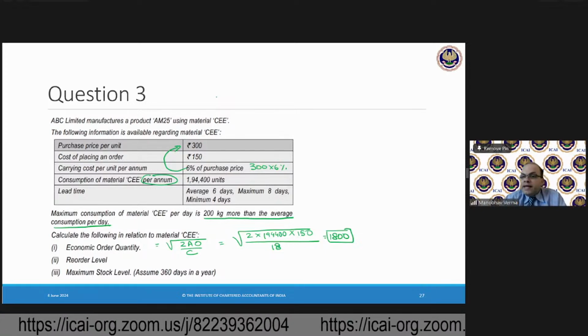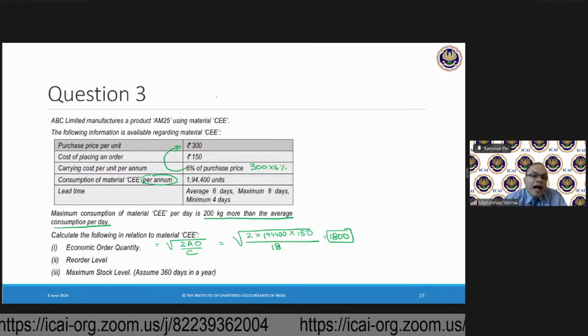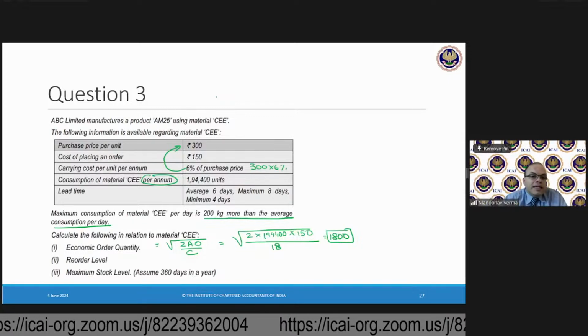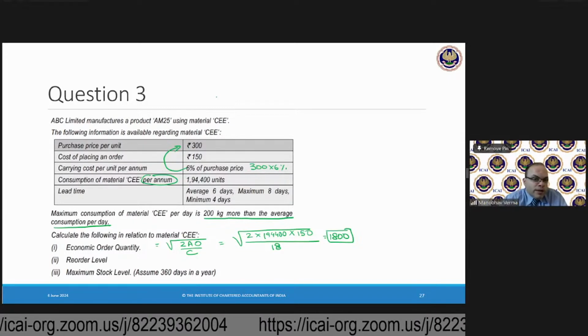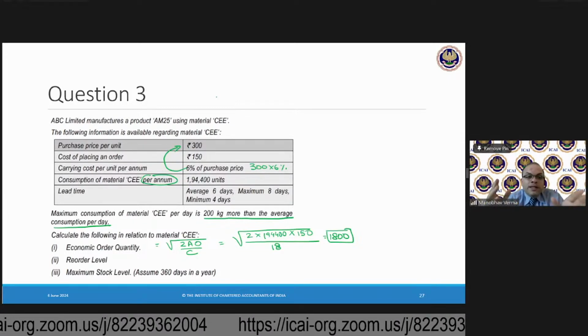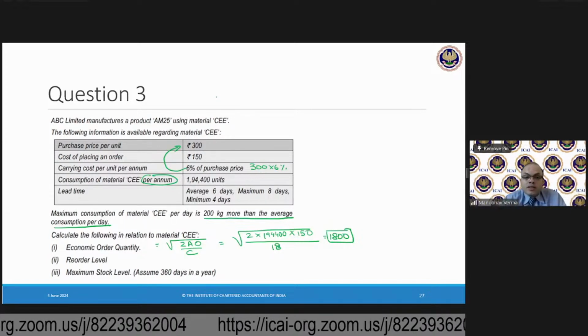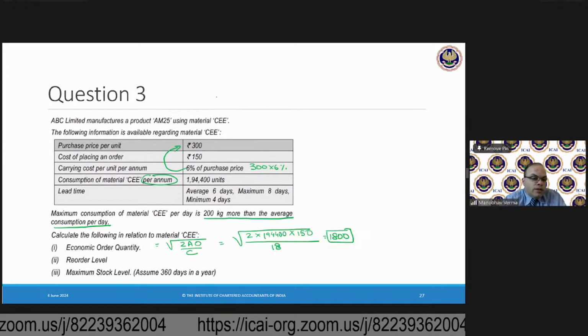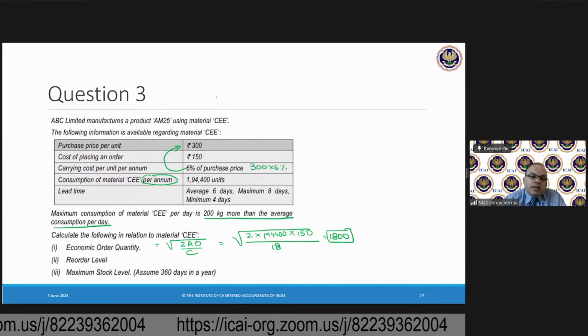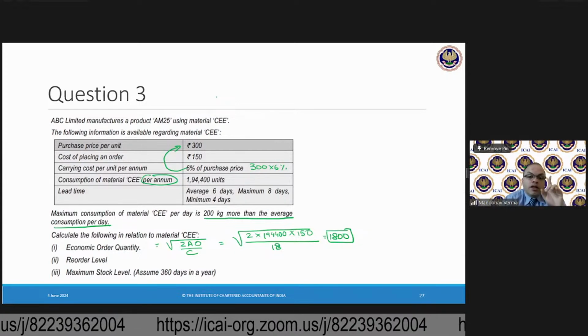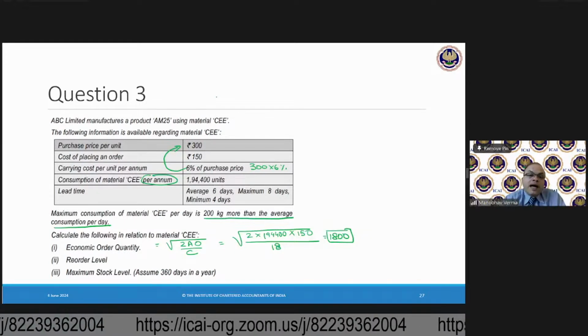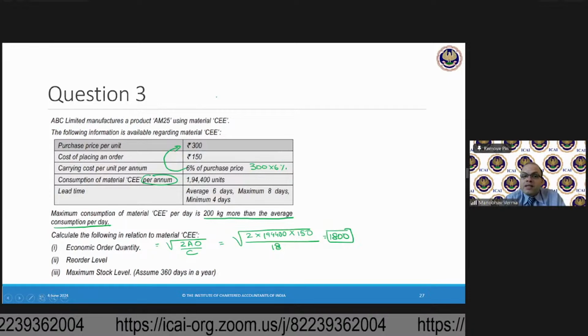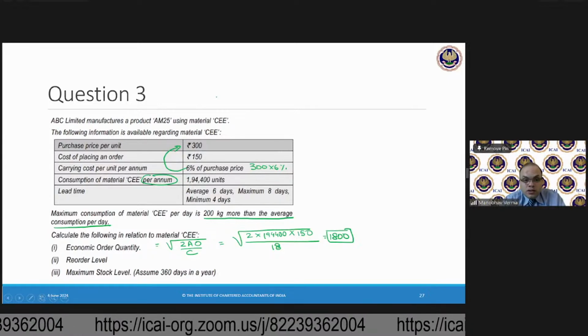That is something you need to check with yourselves. I think the easy way of approaching this based on the information given to us is simply the maximum consumption, because we are told the maximum consumption is 200 kgs more than the average consumption per day. That is the clear-cut information given to us.